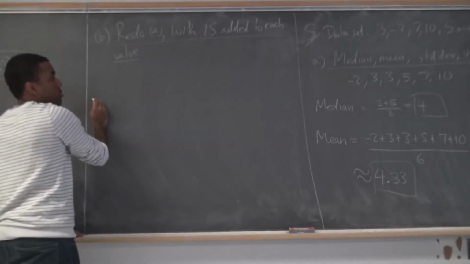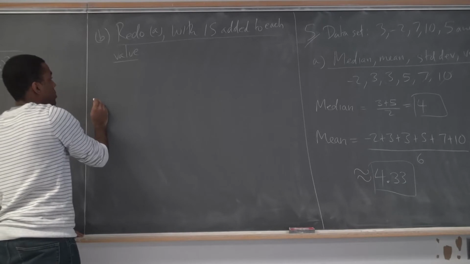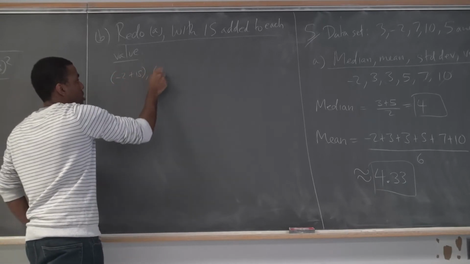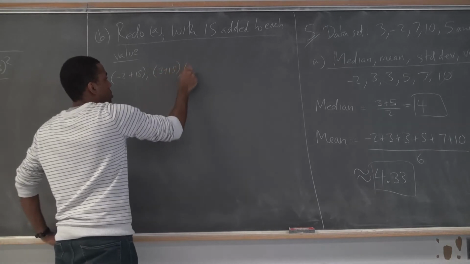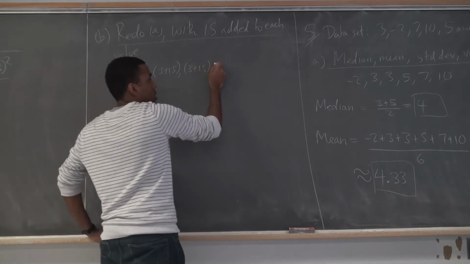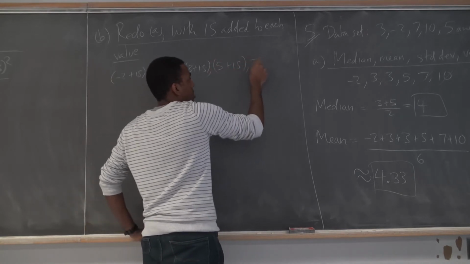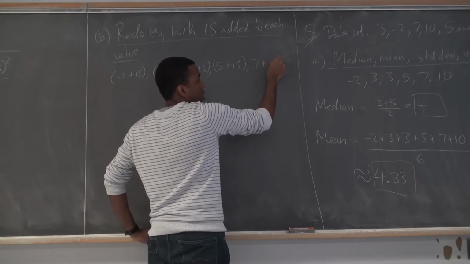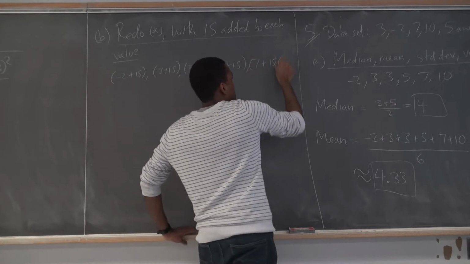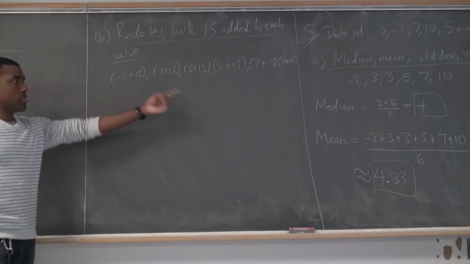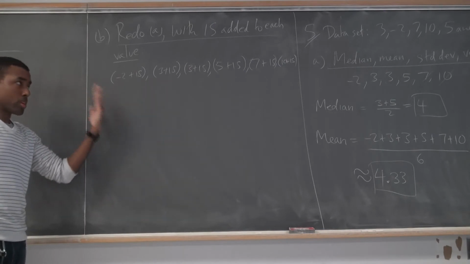So now what's going to happen? Now I'm looking at the numbers minus 2 plus 15, 3 plus 15, 3 plus 15, 5 plus 15, 7 plus 15, 10 plus 15. Now they're in order and I'm adding a positive number, so they remain in order.